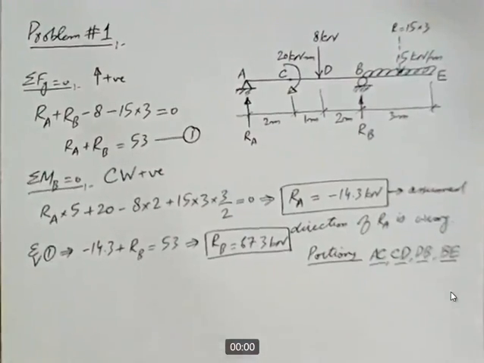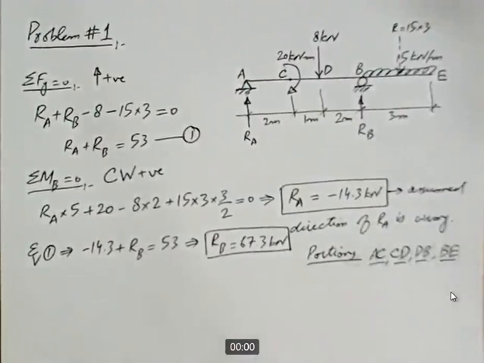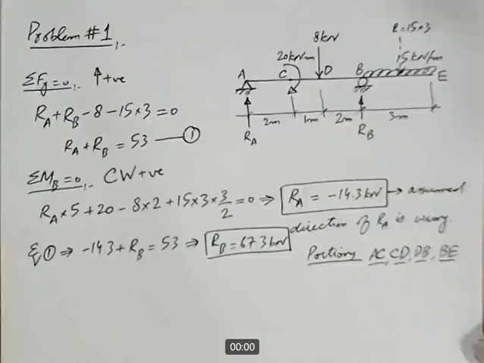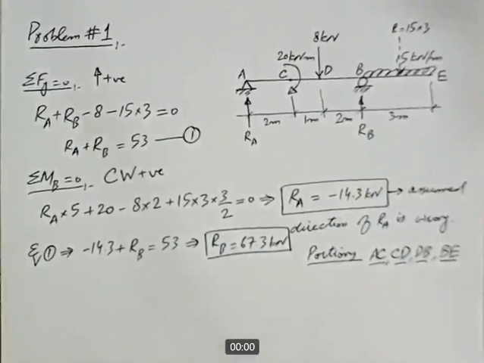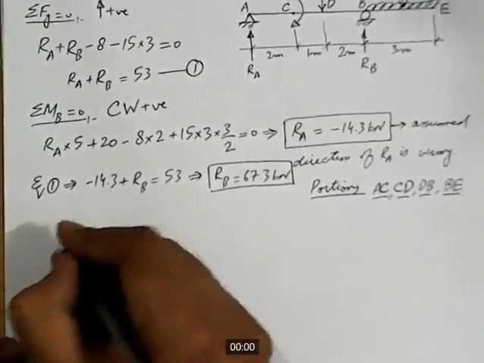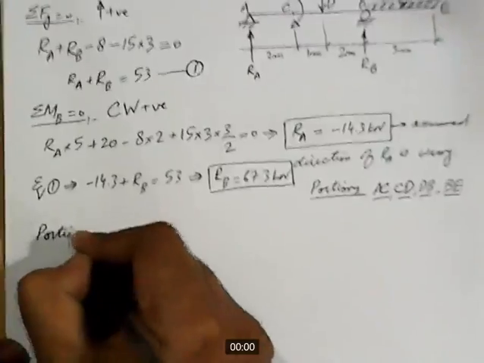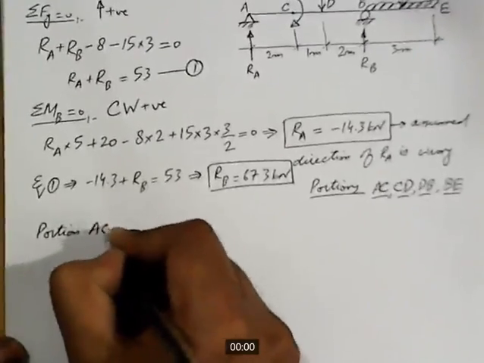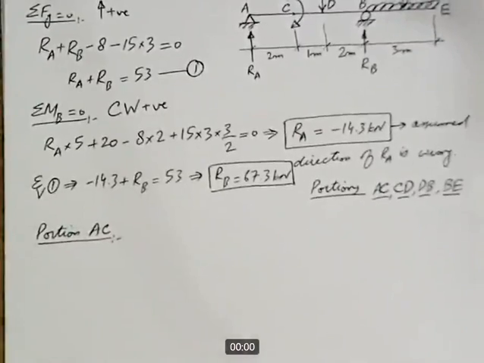Okay, so we have divided the beam into portions. Now we will consider all these portions one by one, and we will draw the free body diagram of each portion and write down the equation of shear and bending moment. So let's proceed. Let's consider portion AC first. Portion AC.